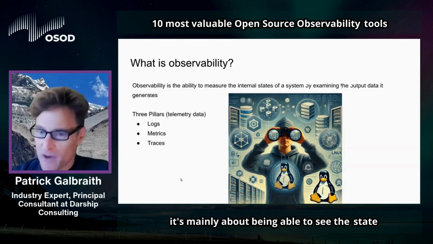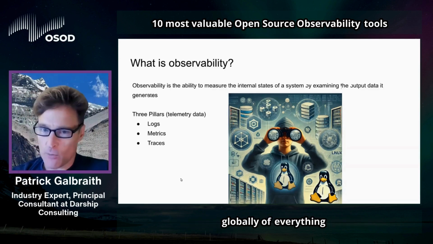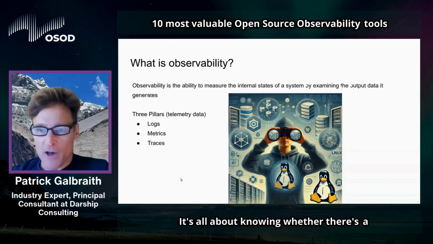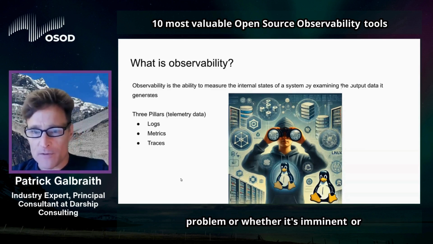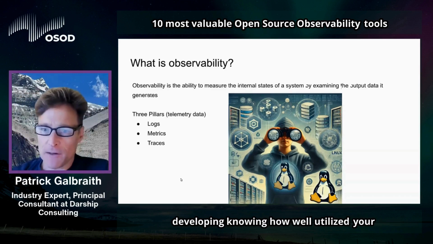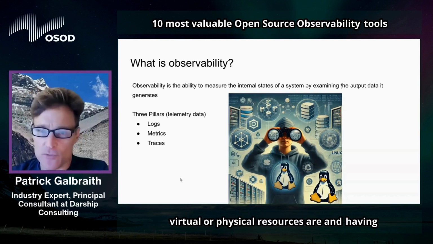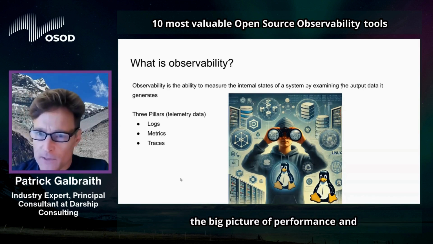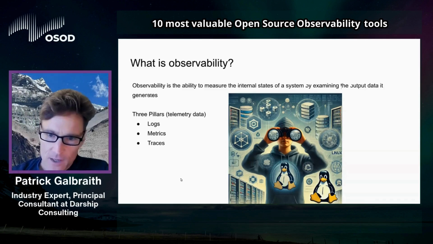But it's mainly about being able to see the state globally of everything. It's quite often associated with distributed systems. It's all about knowing whether there's a problem or whether it's imminent or developing, knowing how well utilized your virtual or physical resources are, and having the big picture of performance and availability.